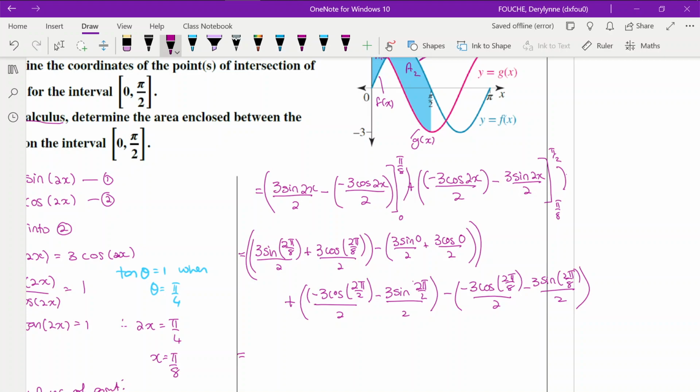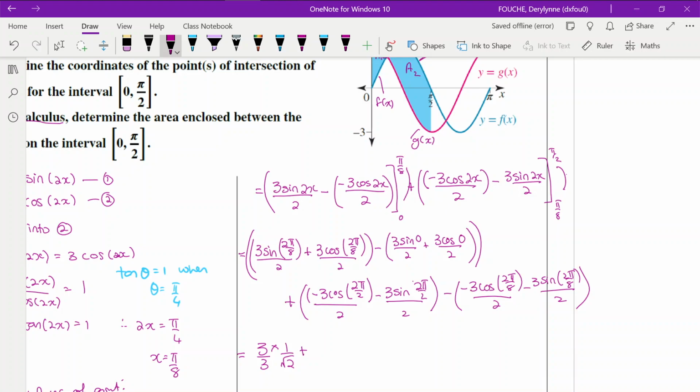So I know that sine of pi on 4 was 1 on root 2. Okay, so I'm going to have, because 2 pi on 8 is pi on 4, so I've got 3 times, or 3 over 2 times 1 over root 2, maybe that's the easiest way of showing that, because I've got my 3 on 2 over there and my 1 on root 2.